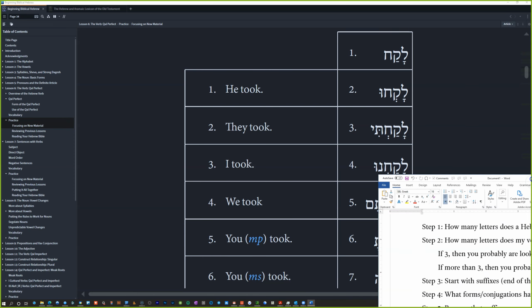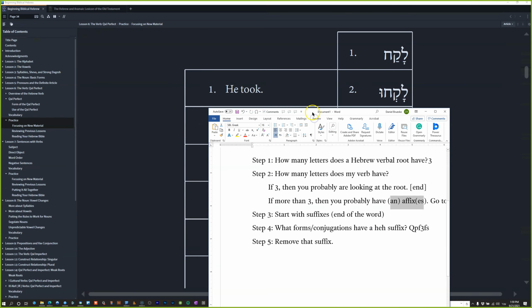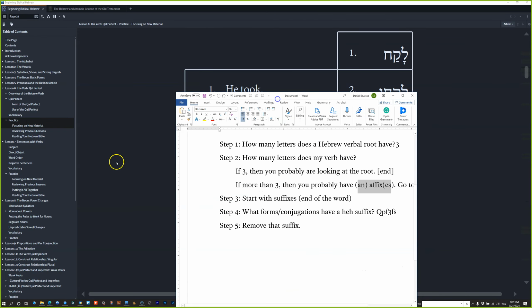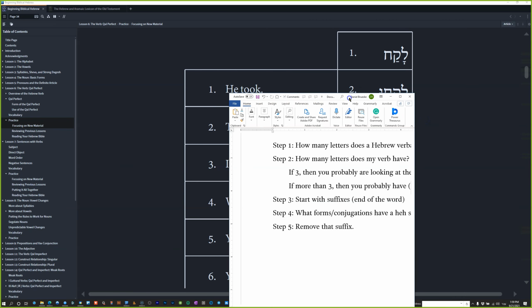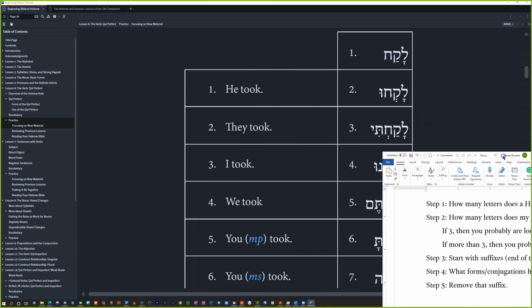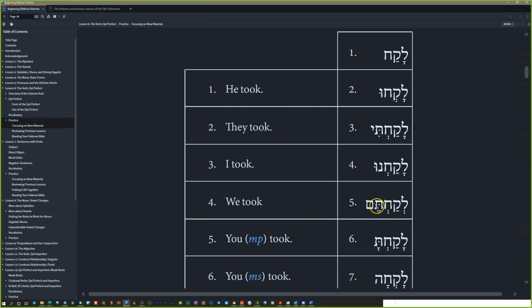If I take that off, what suffix? If I take off the tem, what does the tem signify? What form uses tem? This is the Qal Perfect 2MP.